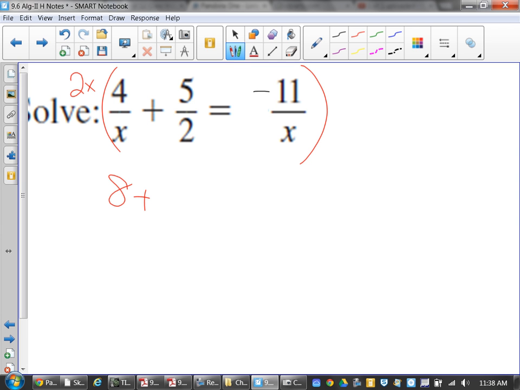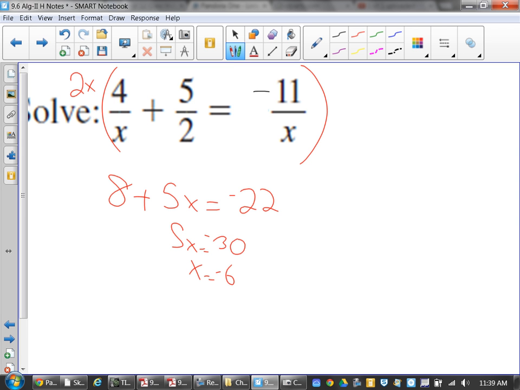What do I have to multiply? X. You just skip a step. Oh, so you get rid of the denominator. You get negative 6. Okay?